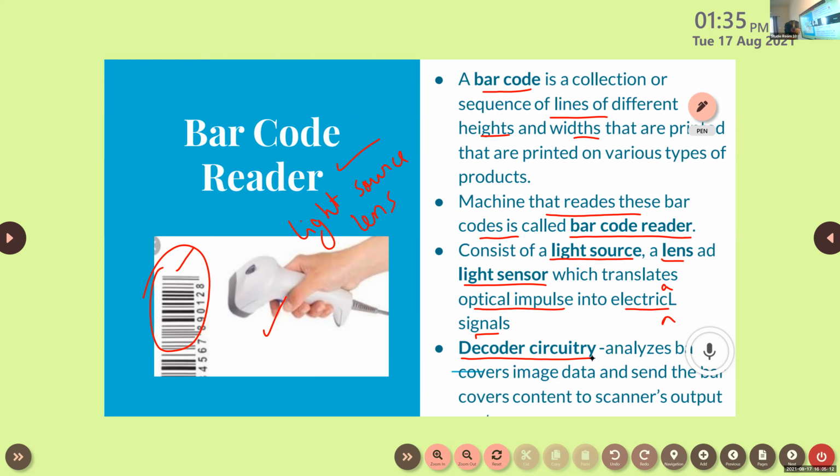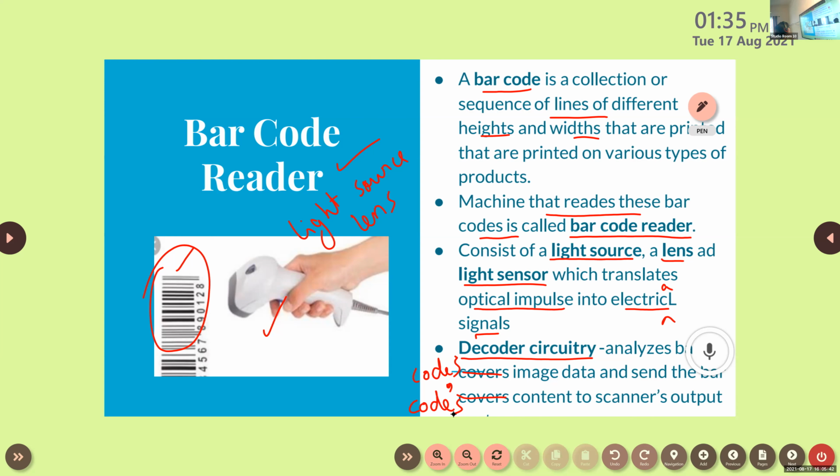Okay, it is barcodes. So it also contains decoder circuitry, which analyzes the barcode image data and sends the barcode's content to the scanner output.